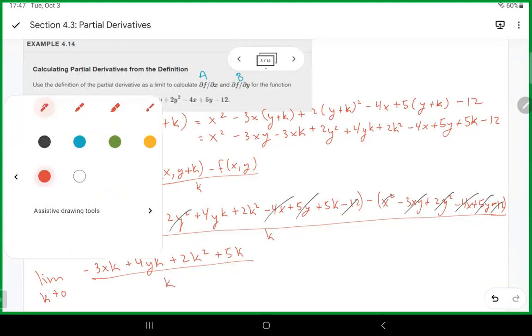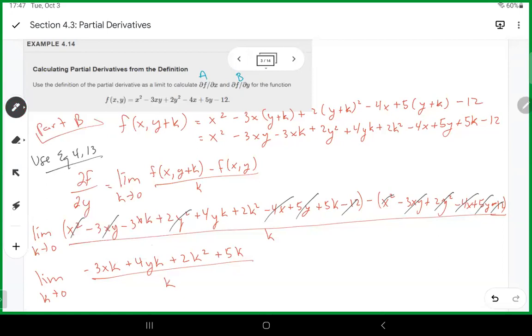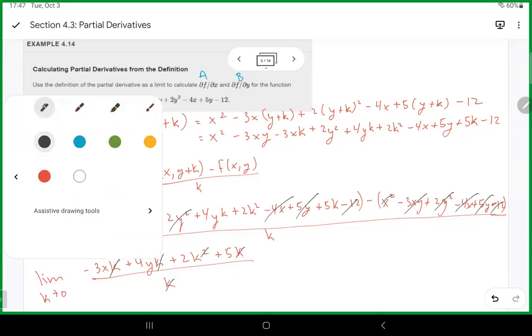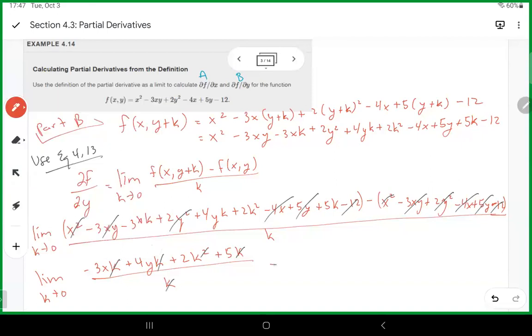Yeah. Then we're going to get rid of a value k. So our answer here is going to be negative 3x plus 4y plus 5.